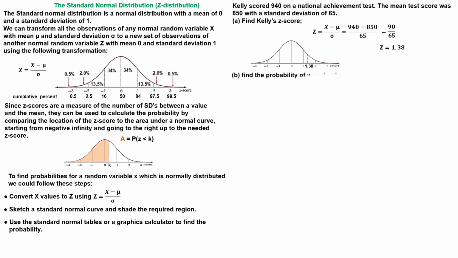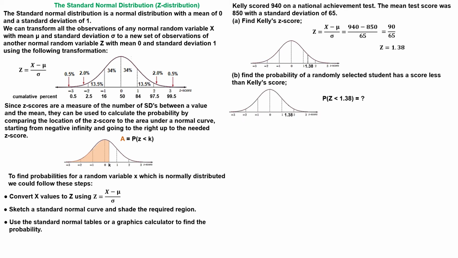Find the probability that a randomly selected student has a score less than Kelly's score. We now use technology, or the standard normal distribution table. We find the cumulative probability associated with the z-score. In order to find the values for z-scores, we can use a table like the one below.